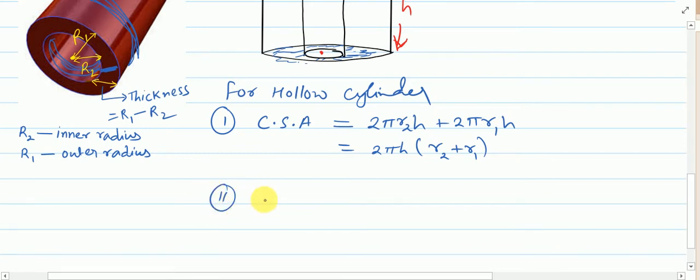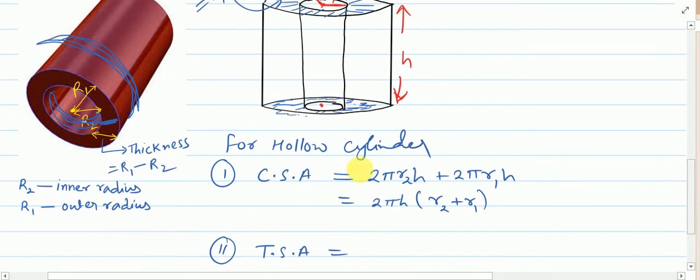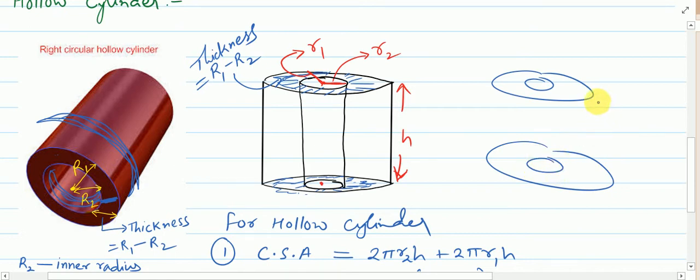Number 2, total surface area. So when I'm talking about total surface area, in that case I have to include this area also. Let me show here.